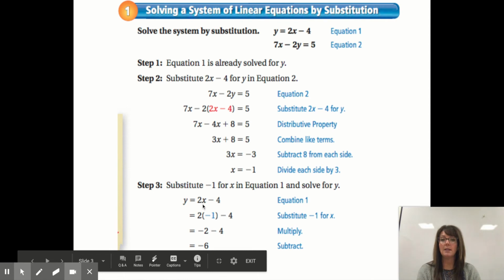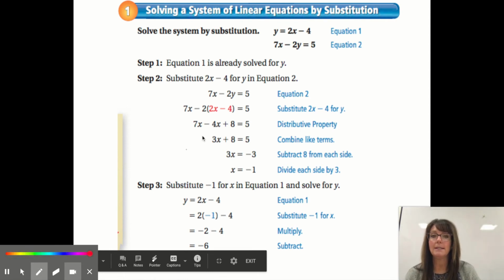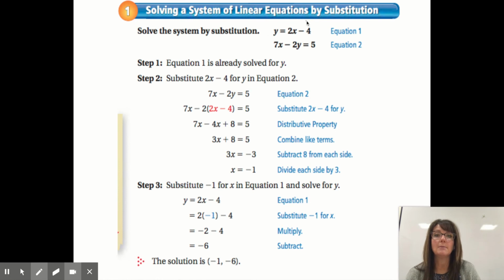All right, looking in our textbook at an example, you can see we have two equations right here. Y is equal to 2x minus 4 and 7x minus 2y equals 5. The first equation is already solved for y. So we could take that 2x minus 4 and substitute it in, right?